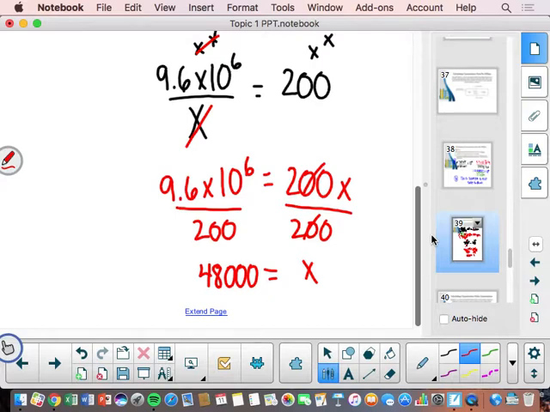So yeah, I'm looking at this wrong. Okay, so now that I've taken that times 10 to the 6, I had to also put it to this. So this 48,000 actually gets divided by 10 to the 6.